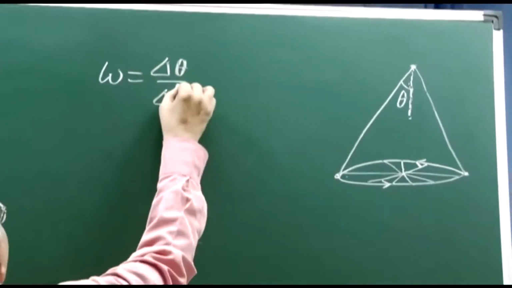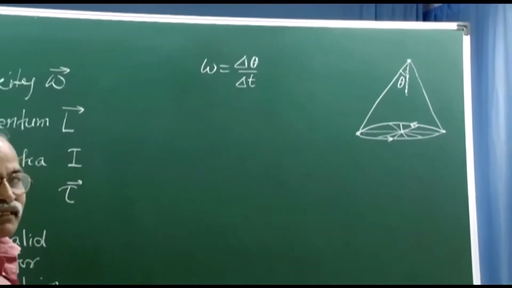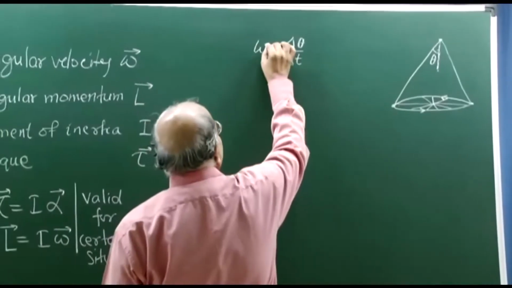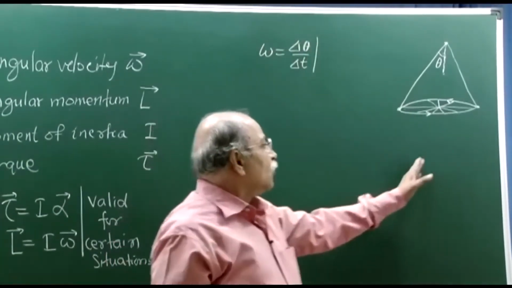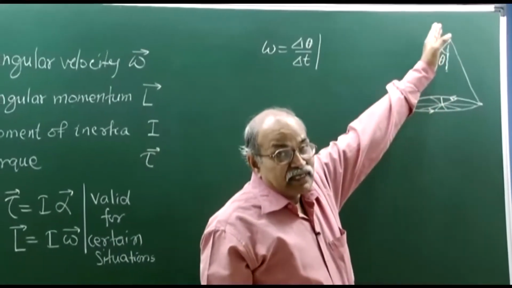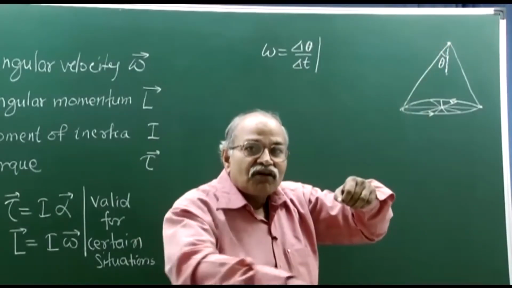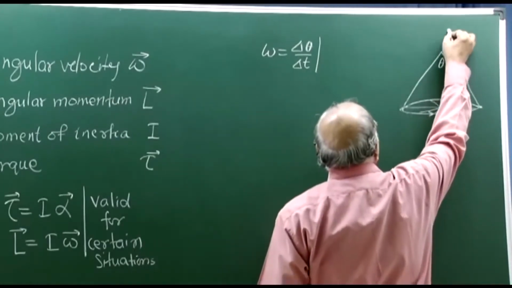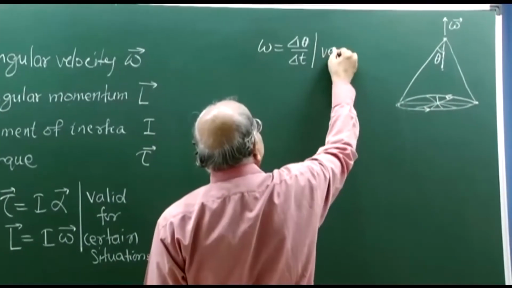If I am maintaining this rotation at a constant rate, then omega is constant, and its direction is along the axis of rotation, and in our case it is vertically upward because the ball is going in the anti-clockwise direction.